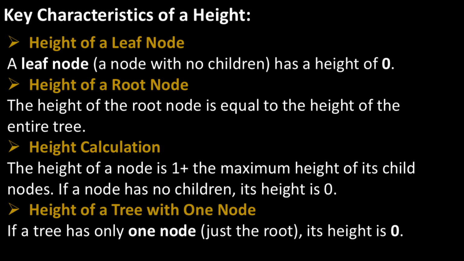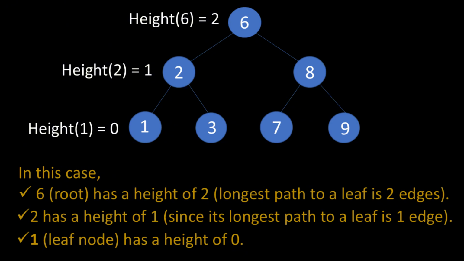If a node has no children, its height is 0. The last one is height of a tree with 1 node. If a tree has only 1 node, its height is 0. In this case, 6 has a height of 2, 2 has a height of 1 and 1 has a height of 0.